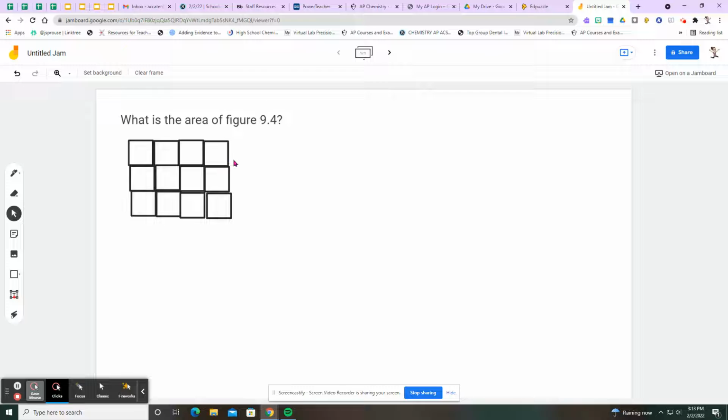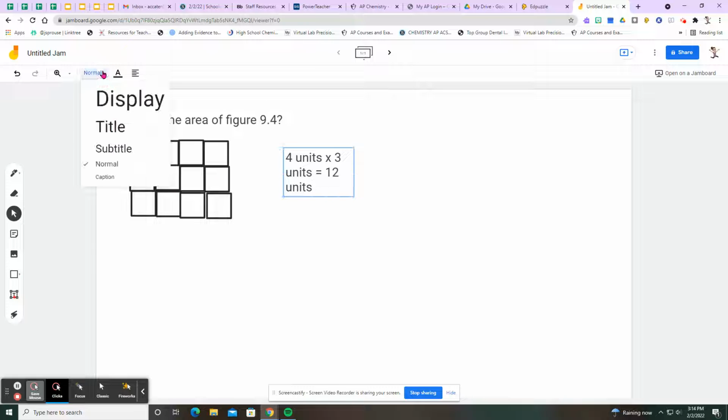So to find the area of that, what we're going to do is multiply the top row times the column. So the area is going to be 4 units times 3 units, because 4 would be our length and 3 would be our width, which gives us 12 units, but they're units squared. And I can't put squares on here, so we'll have to do it this way. They're units raised to the second power.